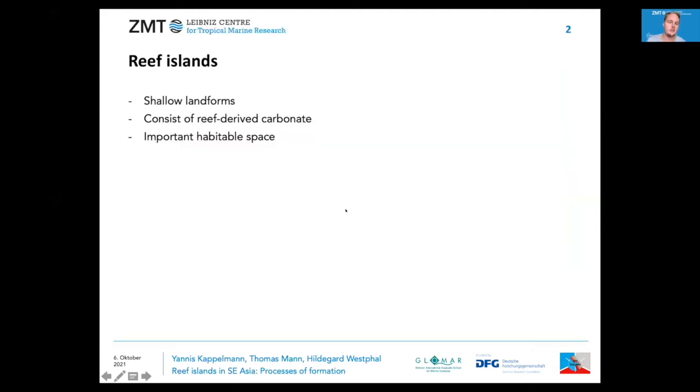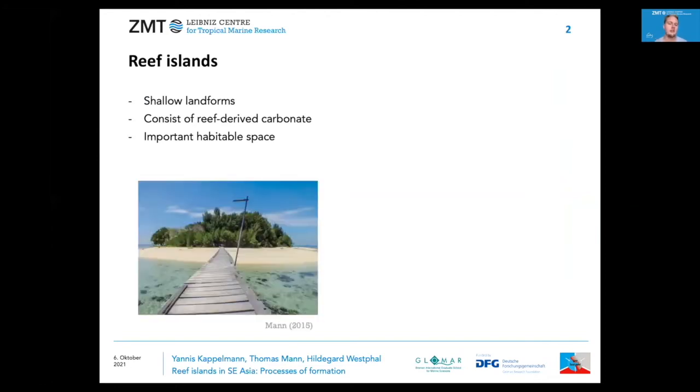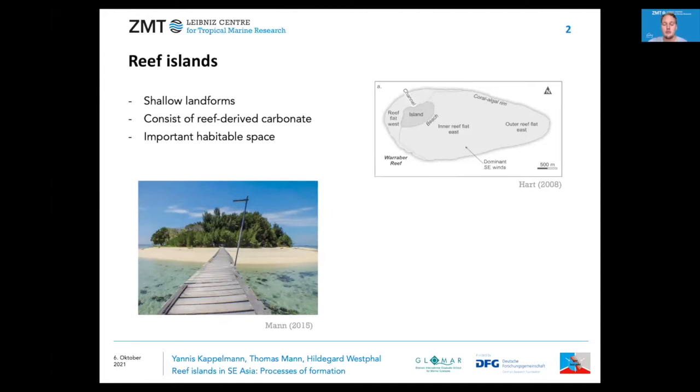So just to quickly introduce you to these landforms, these reef islands are usually pretty shallow. They exceed the mean sea level by a few meters, maybe only even by a few decimeters, and they are usually forming on top of reef complexes, meaning that they may form on top of barrier reefs, or as in this case here, on top of a patch reef, where the actual island is located in the west of the complex.